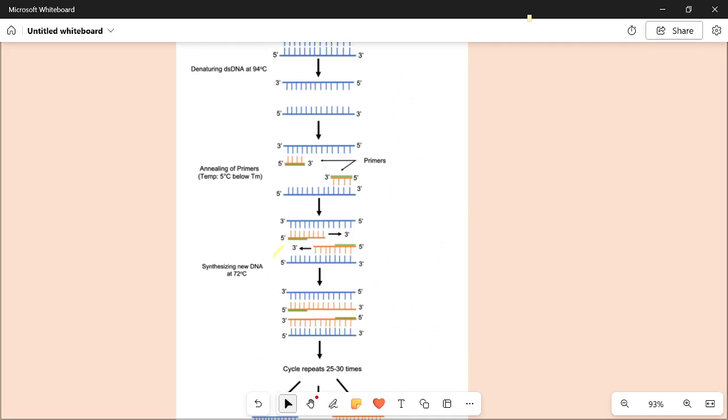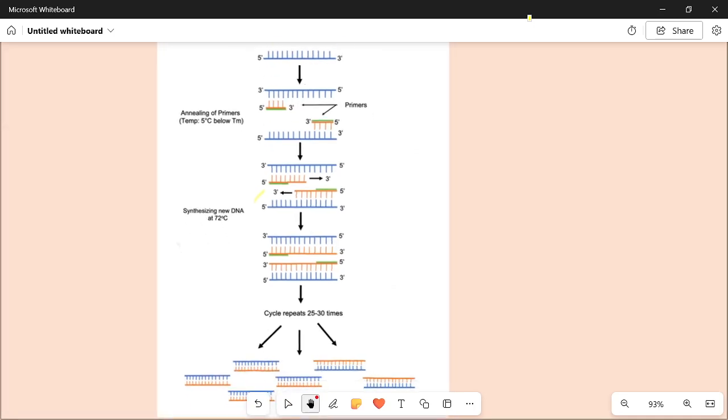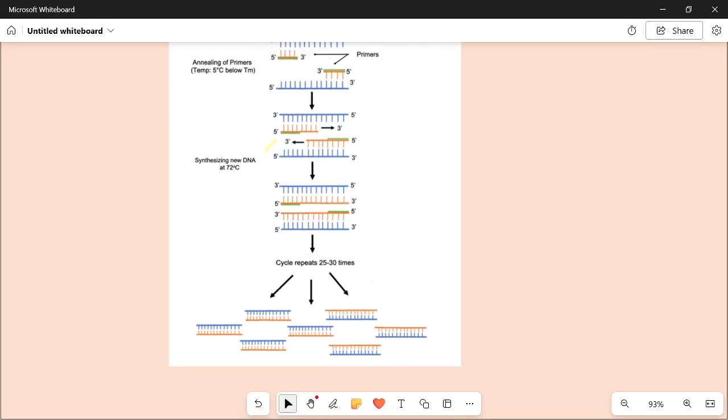The next step is extension, synthesizing new DNA strands at 72 degrees Celsius, where the DNA polymerase acts. This cycle is repeated around 25 to 30 times, and we get millions of copies of DNA with the target sequence.